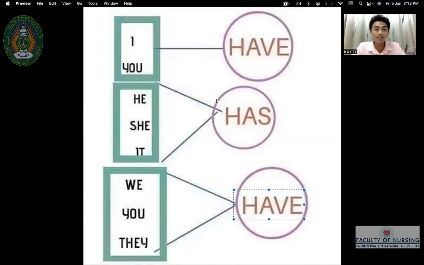Okay, so I hope that in this part you already understand the use of the word have, again, for plural or a lot of people, and especially if you use it for yourself. If you use it only for yourself, the word I, you use the word have.